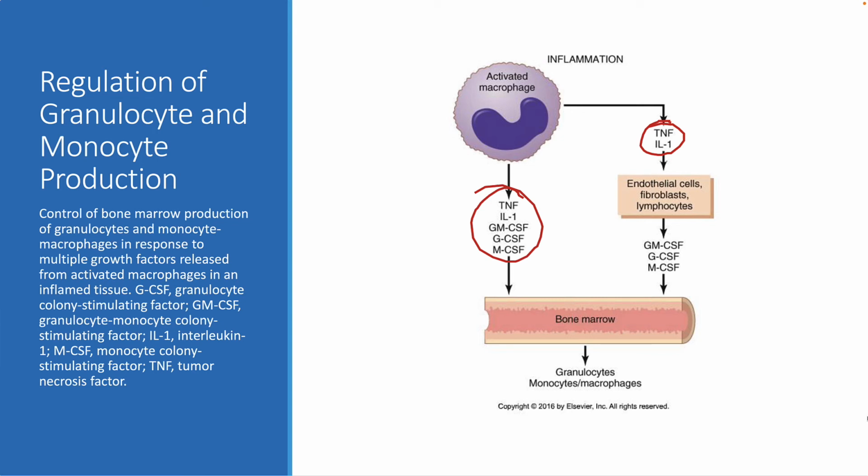G-CSF is granulocyte colony stimulating factor, but they are specific factors that are specific to this process, where the activated macrophages are processed in bone marrow and become monocytes and then macrophages.